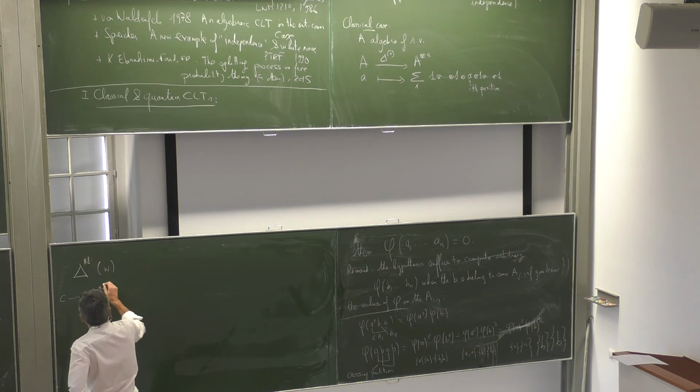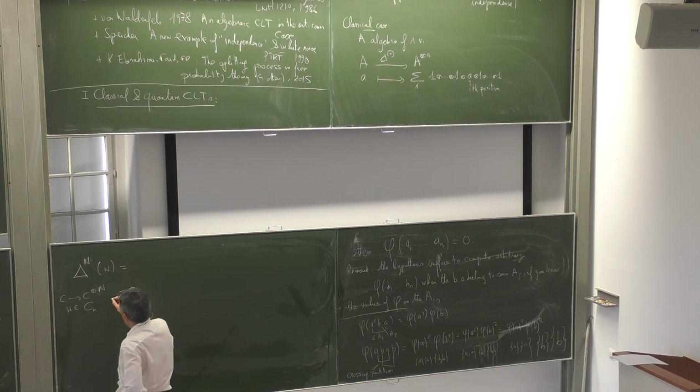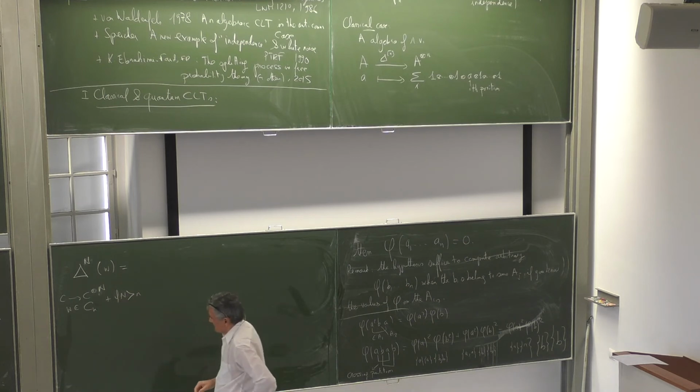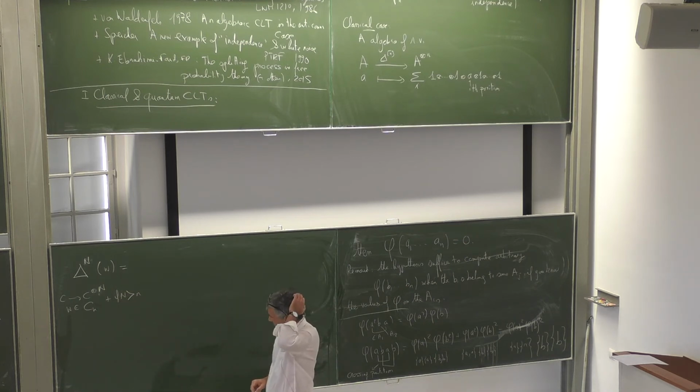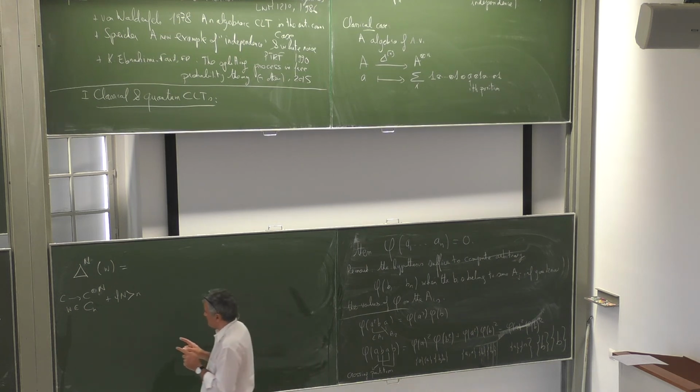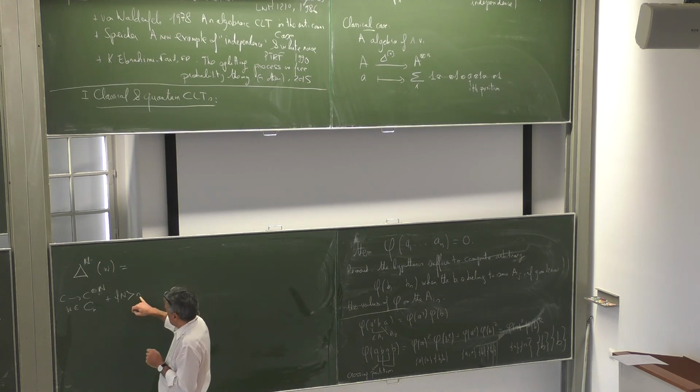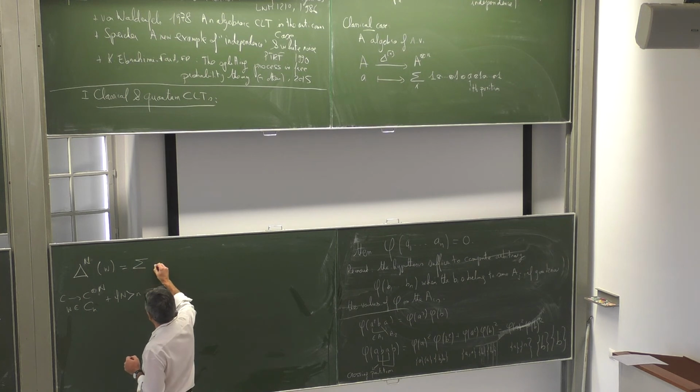So capital N, and I assume that W belongs to Cn. Then if you compute this, and if capital N is bigger than small n, then for degree reasons, you can have at most small n components which are not scalar in the iterated coproduct, which means that you're going to have an expression of this form.